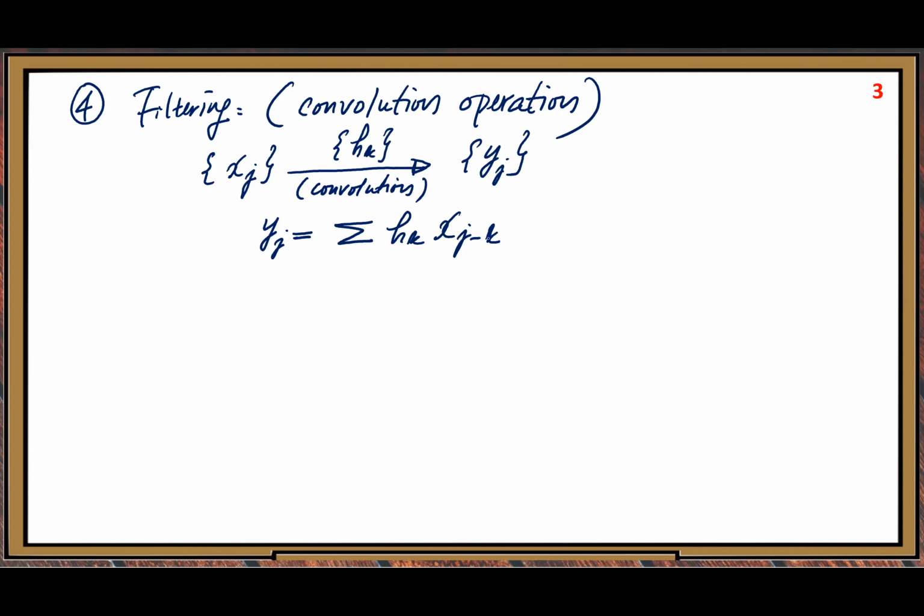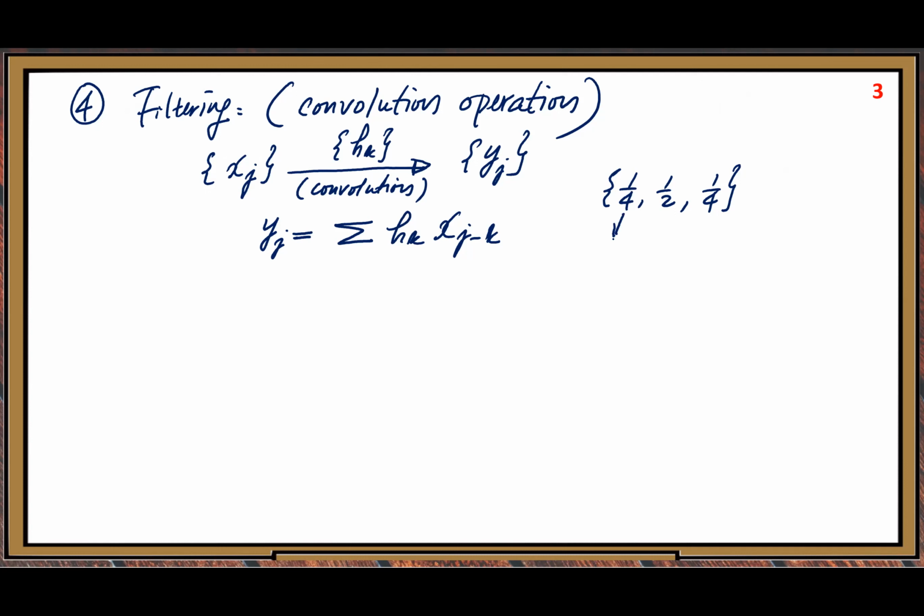Here, let me give you an example. In the example I talked about in the previous slide, suppose our filter is this one. How do we apply the filter on a signal? Let me show you this.